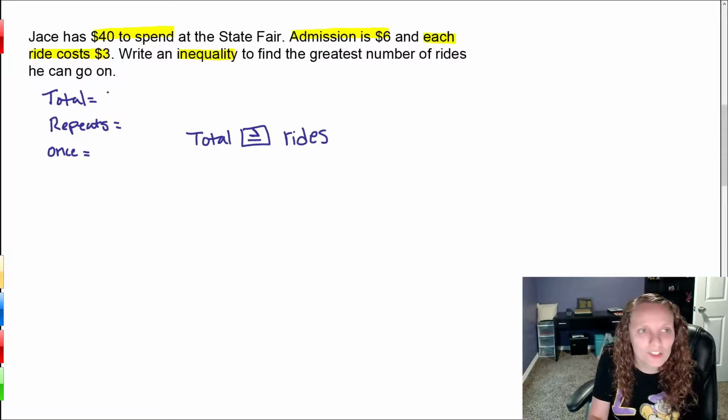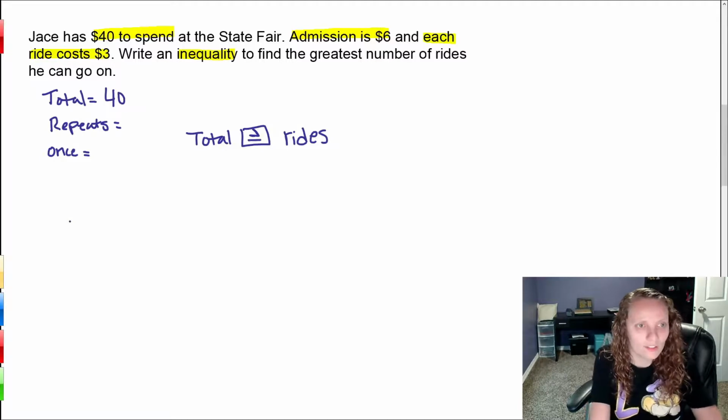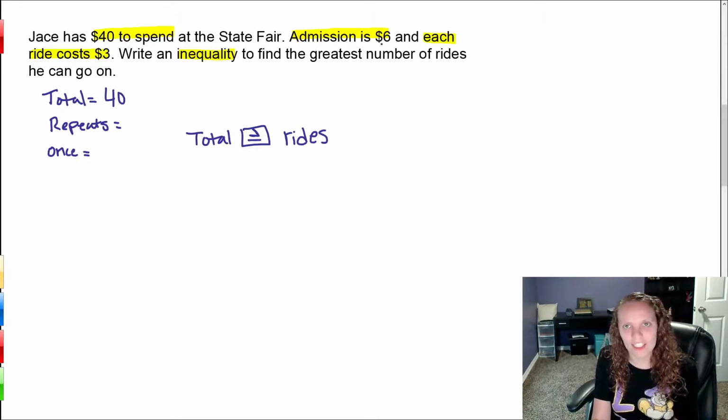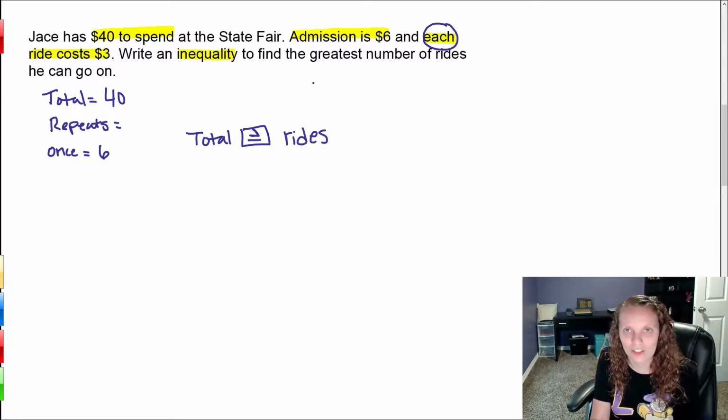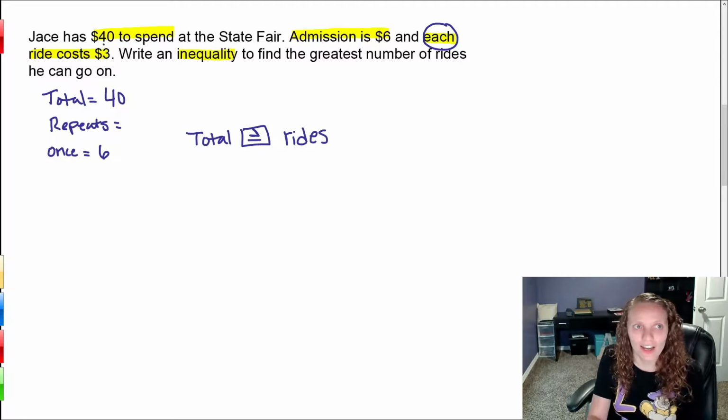Alright, total. He has a total of $40. Admission is $6. So to get into the fair, you pay a $6 fee, and that $6 fee only happens once. So I'm going to say that the $6 is the one-time number. And each ride, so this keyword each tells us that the rides is what's repeating over and over, and that's going to be $3.